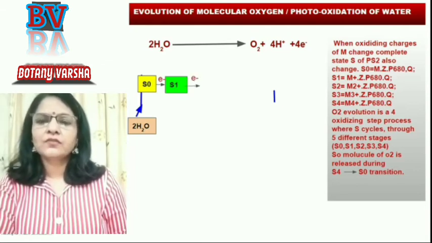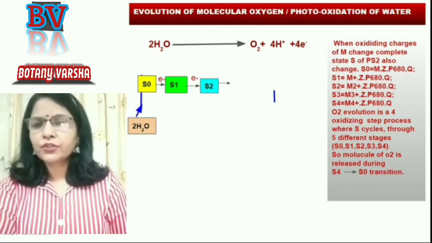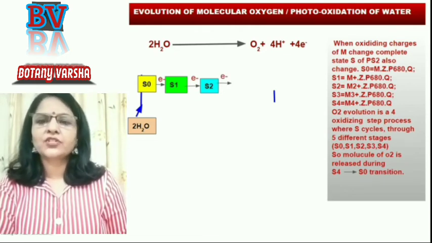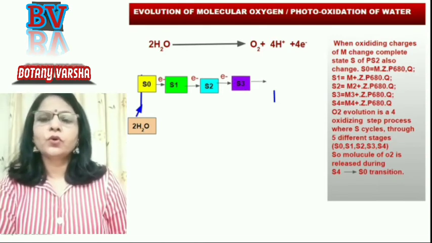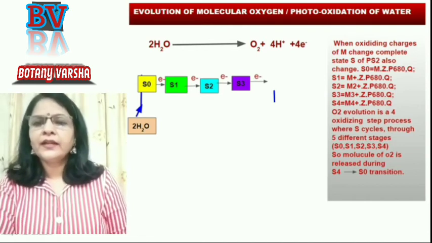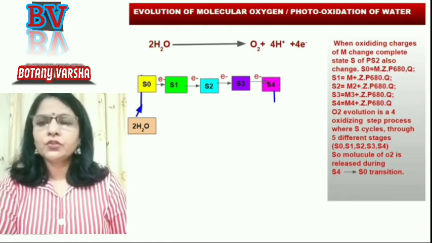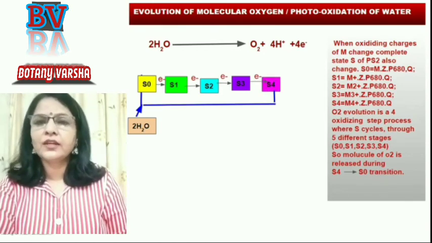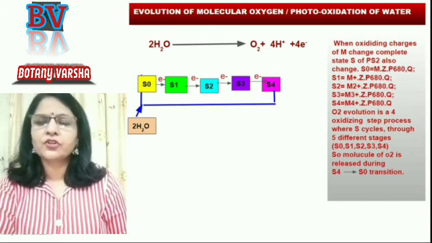From S2 to S3 transition, one more electron is released, and from S3 to S4 transition, one more electron is released. So 4 electrons are released, and this is the S4 stage, and a molecule of oxygen is released during the S4 to S0 transition.